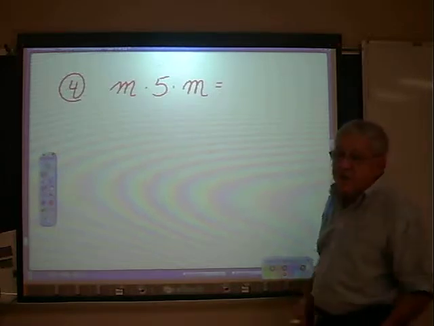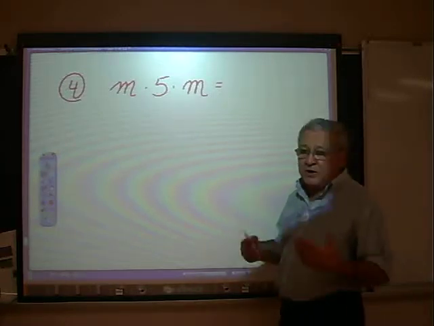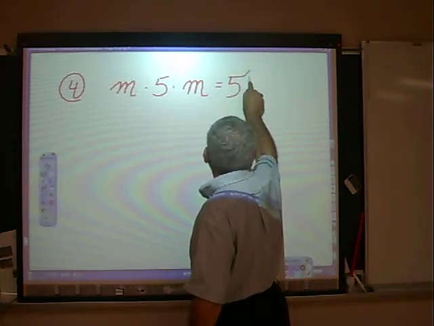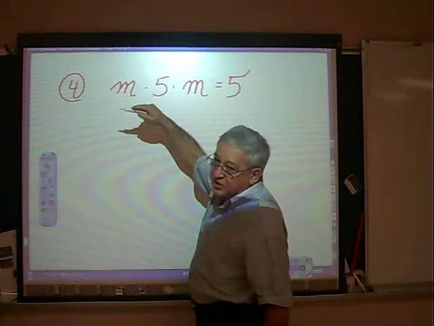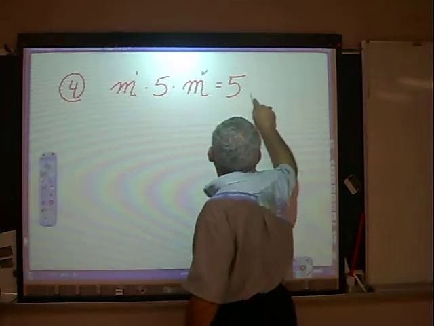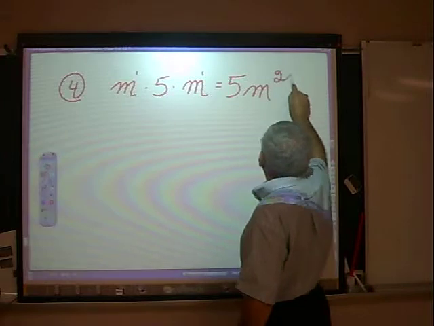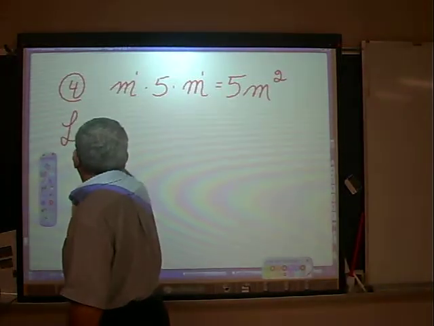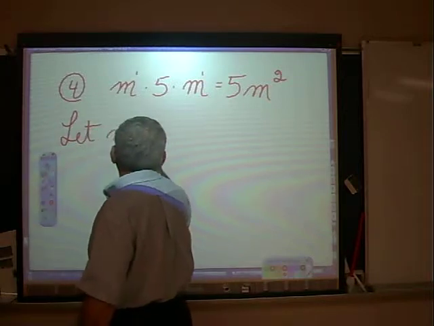Now here's another multiplication example. We think about it as numbers: a number times a number times a number. So we have 5 times m times m. We're multiplying exponential expressions, so we keep the base and add the exponents. Again, we can just prove that that's true. Say we let m equal 3.